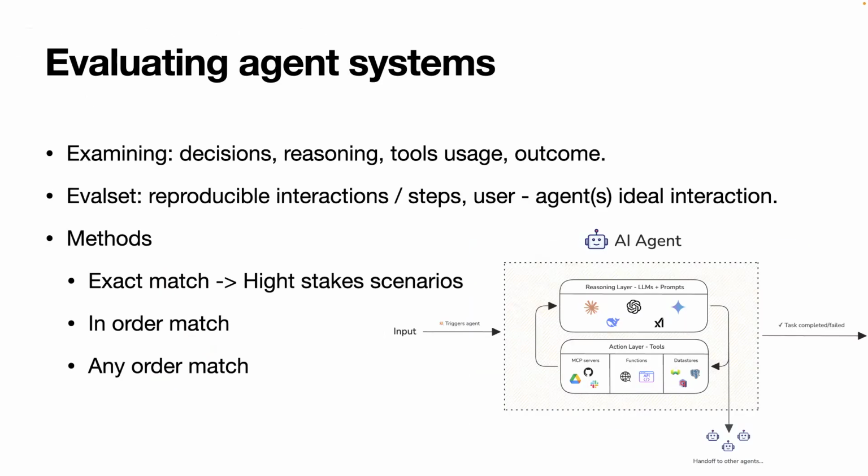Next, we talked about LLM evaluations and benchmarking. Evaluating agentic systems is another topic. It just adds more and more steps and complicates the system even more, because you have to examine reasoning and tools usage. You have to have eval sets which, for example, have interactions.